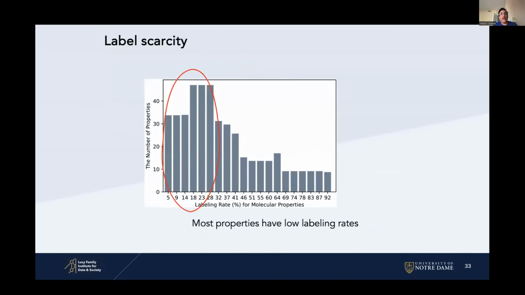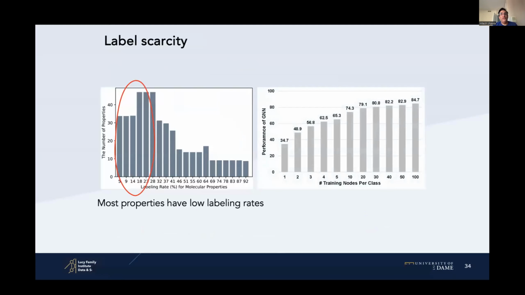Now, one challenge that chemistry has is an imbalanced data problem, right? The y-axis is the number of properties, the x-axis is the labeling rate. A large number of properties don't have molecular properties labeled or annotated. If I tell you, you have to learn about property prediction, but you say, I don't have those labels available.